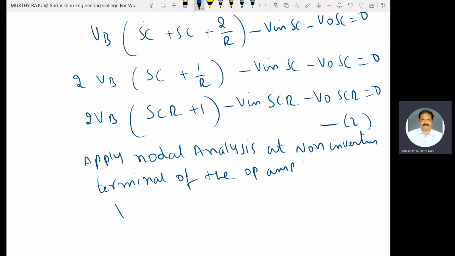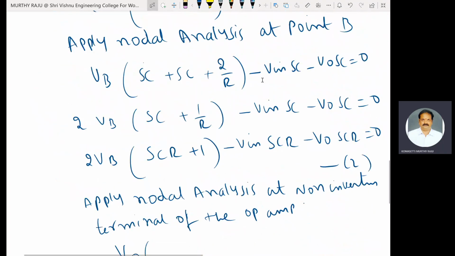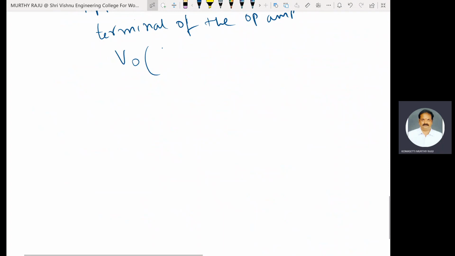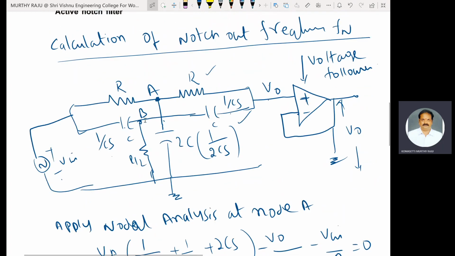That is V0 into 1 by R plus 1 by CS, plus 1 by R plus CS minus VA by R minus VA by adjacent node voltage is equal to minus VA by R minus VB by 1 by CS.